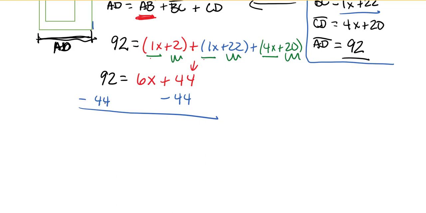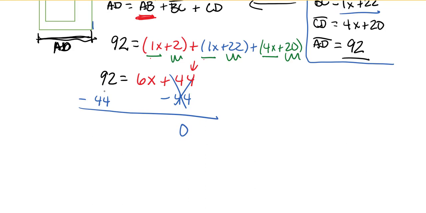If you didn't do it on the left-hand side, you just took away a lot of numbers without doing anything to the left-hand side to account for that. So you can manipulate the equations like this. So 44 minus 44 just becomes 0. And now we go 92 minus 44, and it makes the equal sign still equal. So it doesn't change anything in this equation other than making it simpler to solve for x.